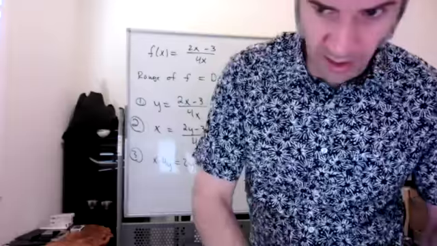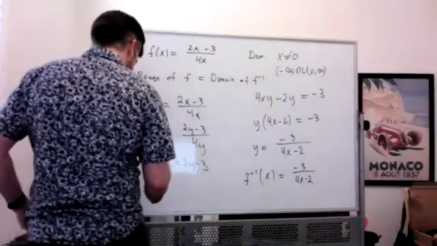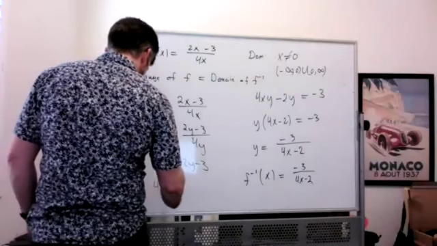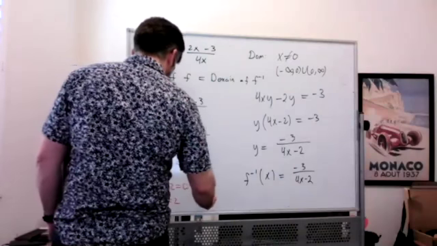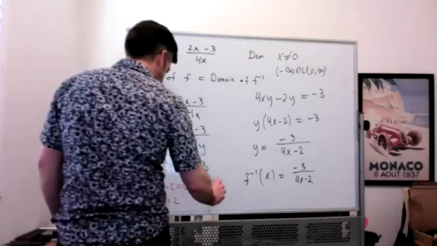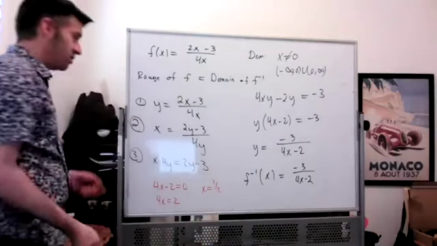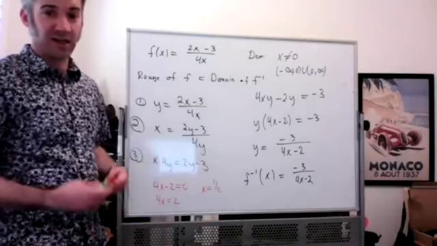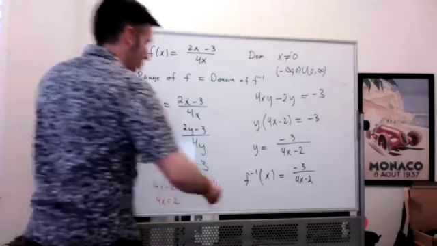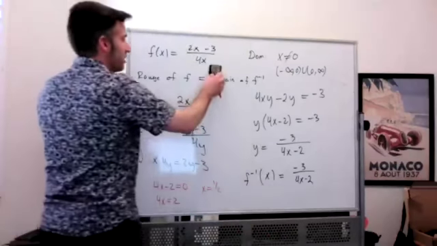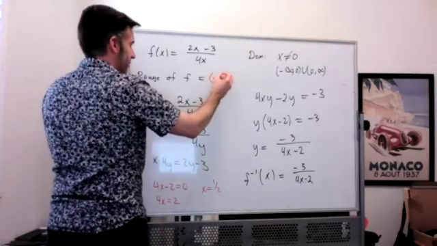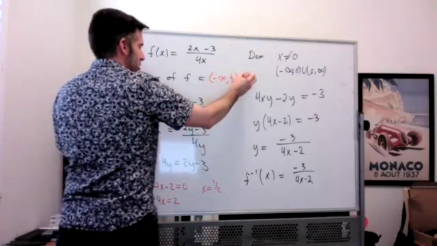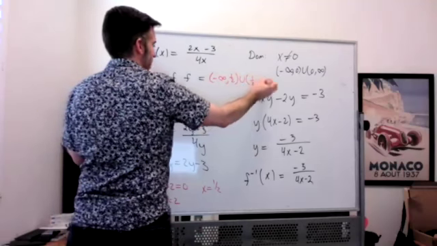Solving that, you get 4x equals 2, and x equals 2/4, which reduces to 1/2. So the domain of the inverse function is everything except 1/2. So the range of the original function is everything except 1/2. It's negative infinity to 1/2 union 1/2 to infinity.